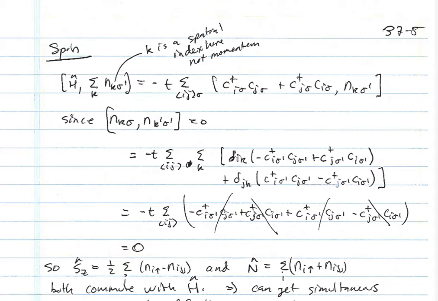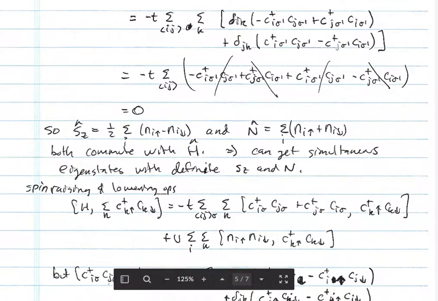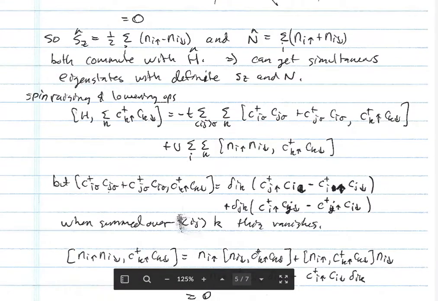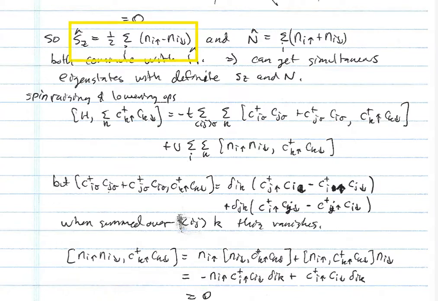Now, because we can work that out for either spin, that means that the Sz operator, which is given by 1/2 the sum over i, n_i up minus n_i down, and the total number operator, which is the sum over i, n_i up plus n_i down, they both commute with the Hamiltonian because we worked with just the total number operator for either one of those spins.